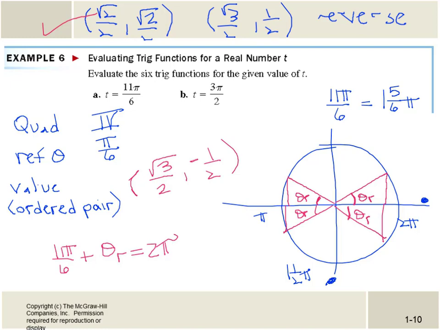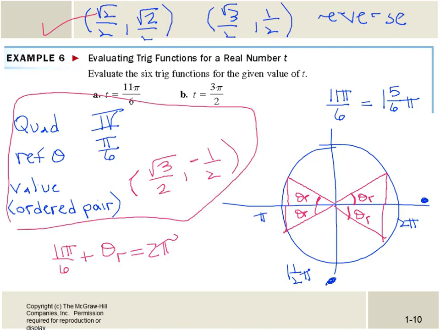So that's the answer right here. This is the most important part, because from here there's not really that much work to do. Once you get that, that means the cosine of theta, which is my x value, is the square root of 3 over 2.